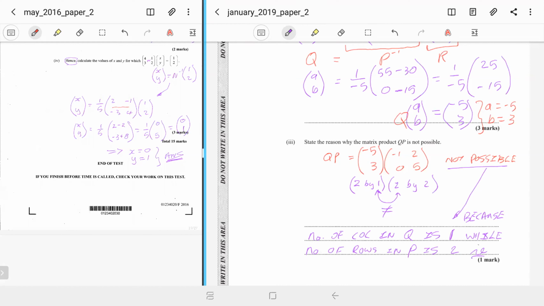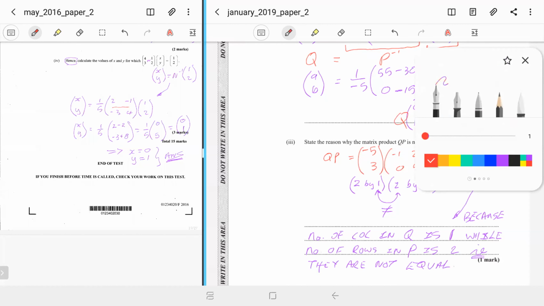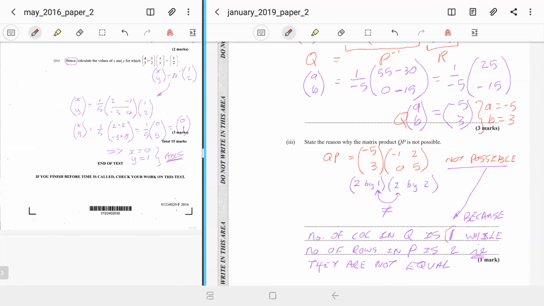That is not equal. That is, they are not equal. That is why it is not possible. Those two numbers are not equal. The number of columns in the first matrix is not equal to the number of rows in the second.